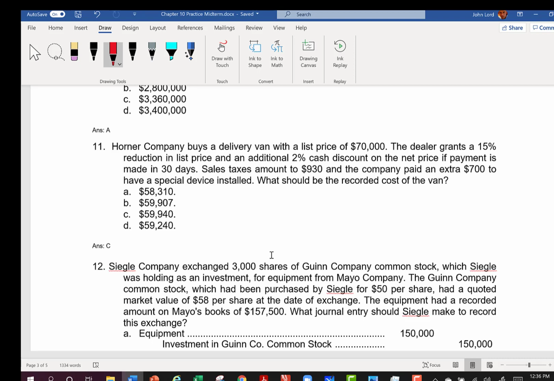Okay, and the key takeaways are what? You record the asset net of any trade discounts that they're giving you, this 15%. Record the value net of any cash discounts that are given. And sales taxes and any amounts that you have installed for a special device, whether discounted or not, are part of the cost of that asset.